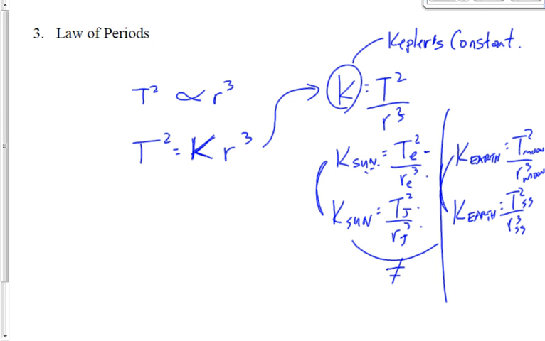That's why it's useful. It's easier to measure the time that it takes the Earth to go around the sun, the distance from the Earth to the sun, than it is to measure something about Saturn. So let's use data from the Earth's revolution around the sun to find data about Jupiter's or Saturn's or Neptune's or whatever planets orbit around the sun. Does that make sense?